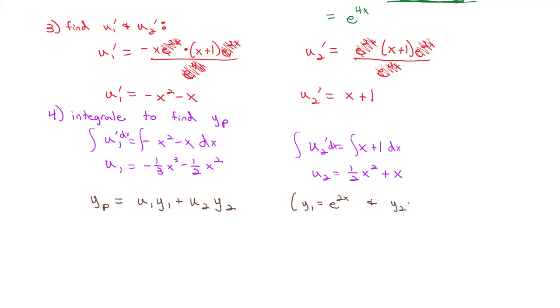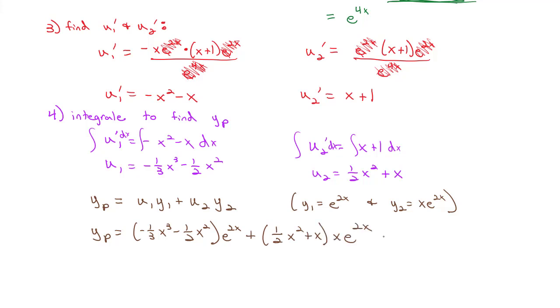And my second solution for y was x e to the 2x. So putting all these pieces together, y particular is equal to u1, negative 1/3 x cubed minus 1/2 x squared, times y1, which is e to the 2x, plus u2, which is 1/2 x squared plus x, times y2, which is x e to the 2x.